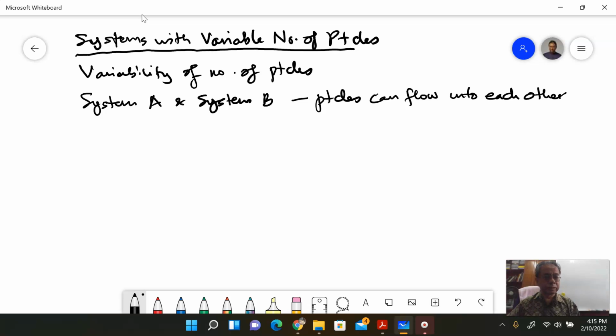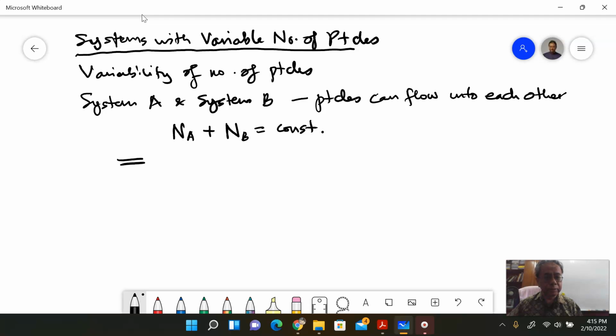But the total number of particles should be kept constant. So Na is the number of particles in system A, and Nb is the number of particles in system B. So this has to be kept constant.